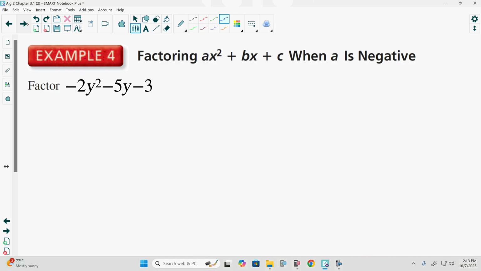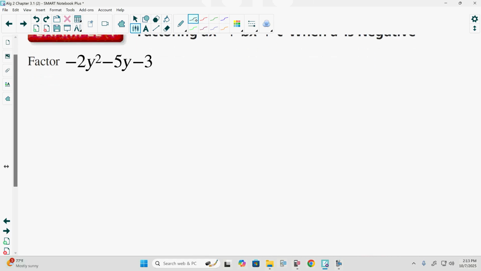So when we look at this here, we want to see if there's a greatest common factor across these 3 terms. There's not a number, but there is a negative in front of that first term, so we're going to get rid of it. We're going to factor it out. And when we factor that negative out of negative 2y squared, we get positive 2y squared.